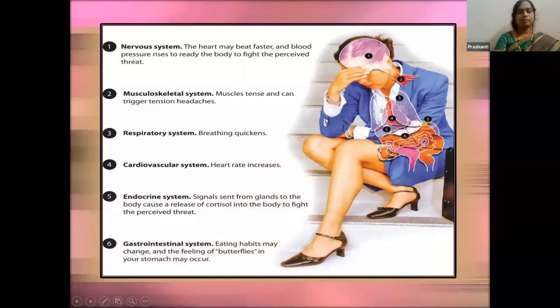And here, when we are in tension, there is an increase in the heartbeat, our muscles get tensed, we get severe headaches, children, our breathing rate increases, heart rate increases, and there is a disturbance in the endocrine system and also the gastrointestinal system.